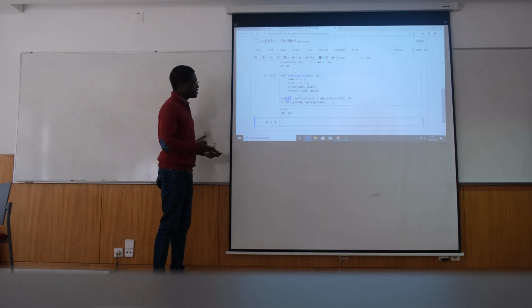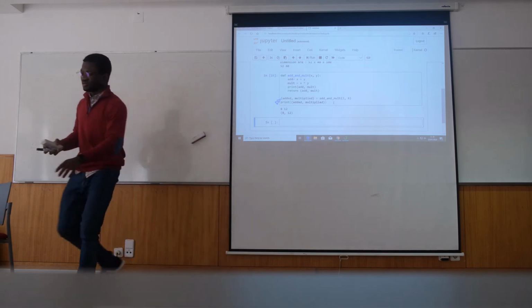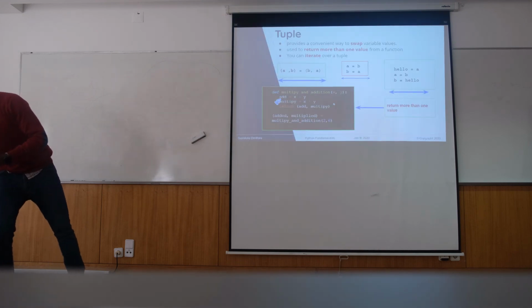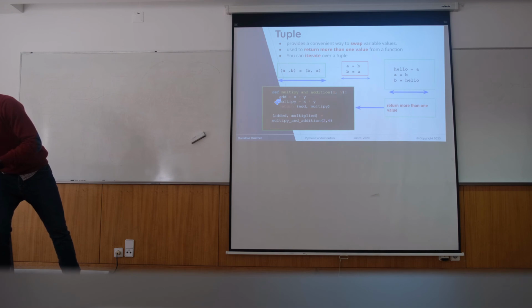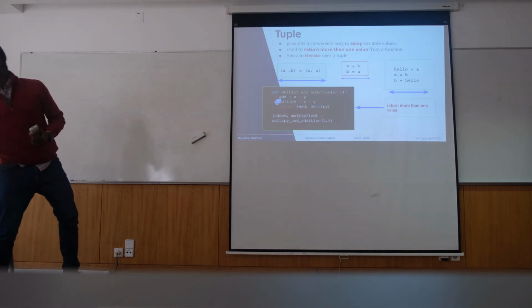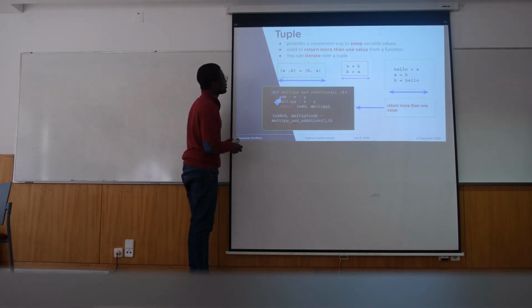Here, I think this is where the confusion could have set in. Remember we spoke about tuple. I will just go back a little bit. Tuple, yeah. I think this one explains it.